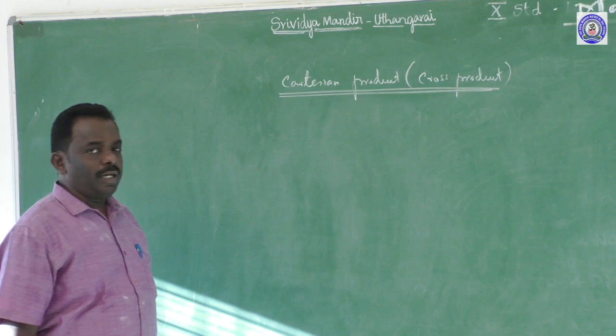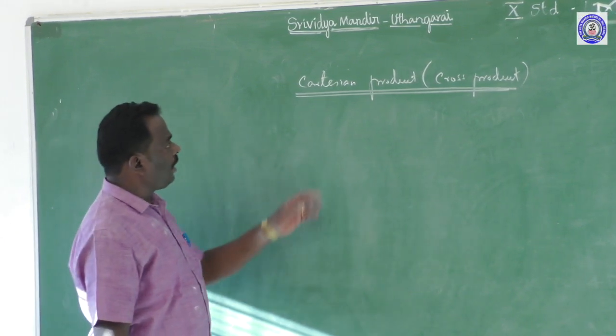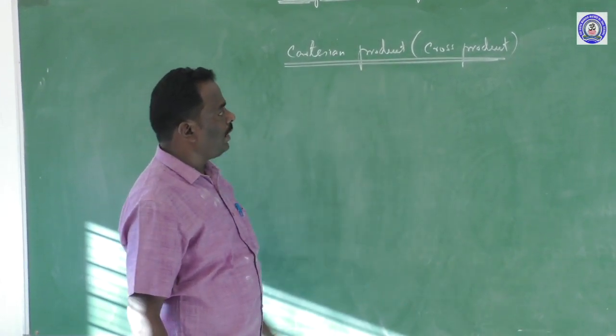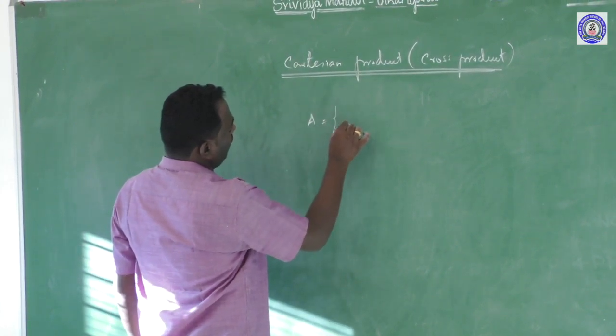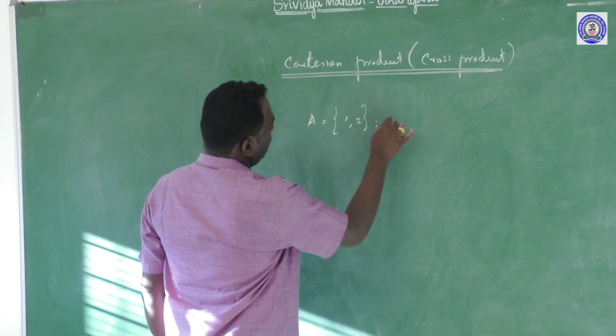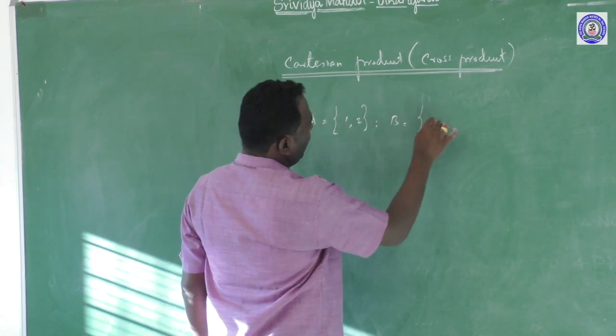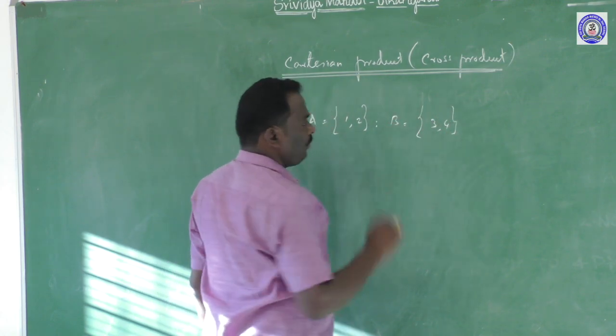Okay, now let us see the next topic. It is Cartesian product or cross product. Let us consider set A, whose elements are defined by 1, 2. Then set B, whose elements are defined by 3, 4.